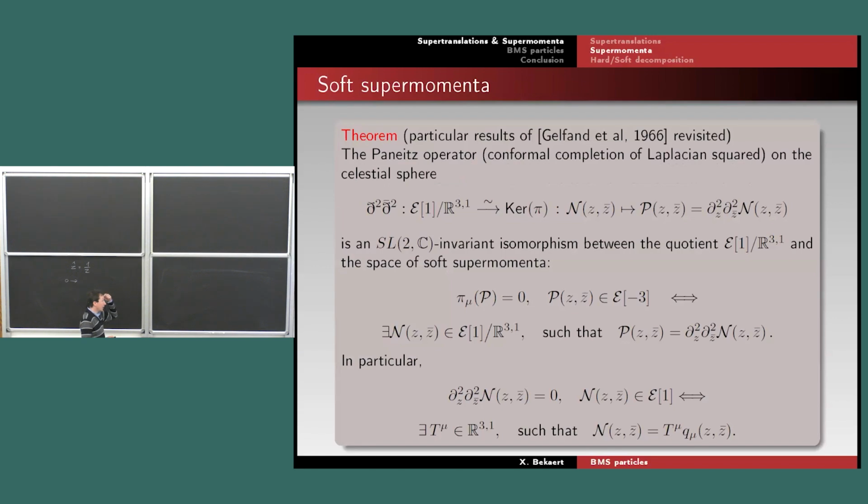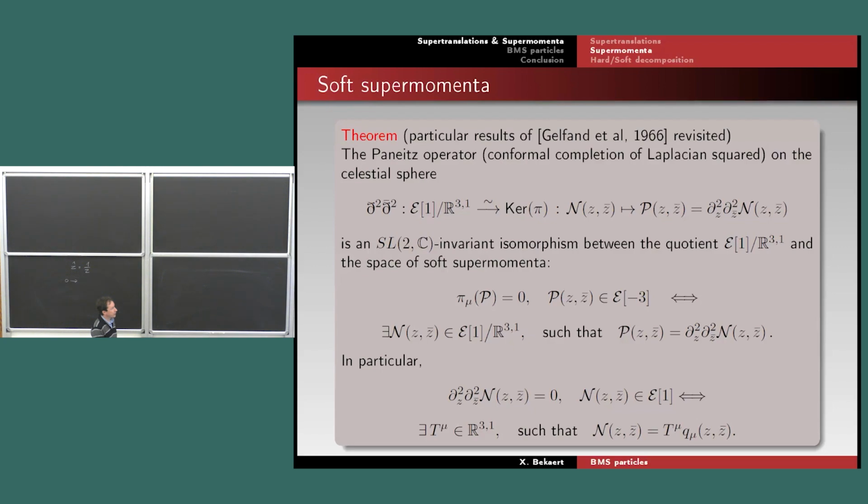Now comes a question, which is how to characterize this soft supermomentum concretely. There are some general results of Gelfand on the representations of the Lorentz group, and you can deduce from these results that soft supermomenta, whose projection has 0 momentum, can be written in this way.